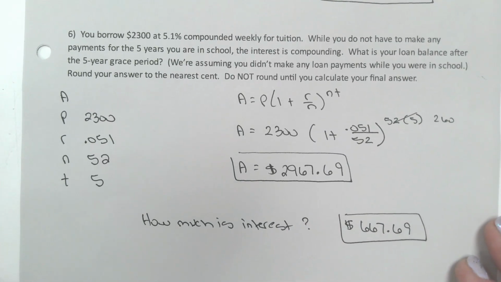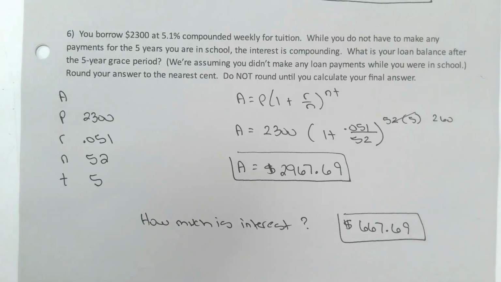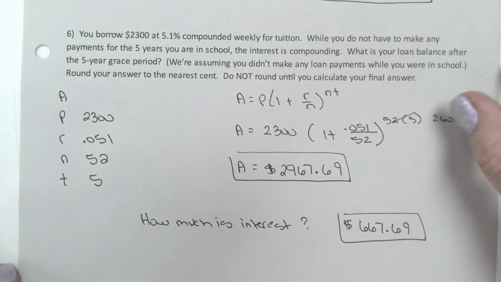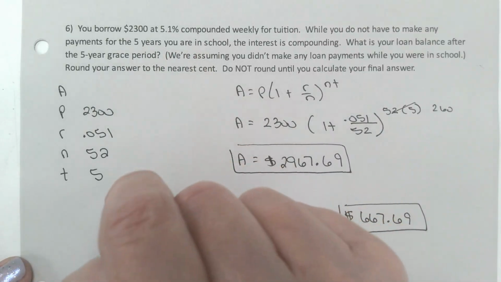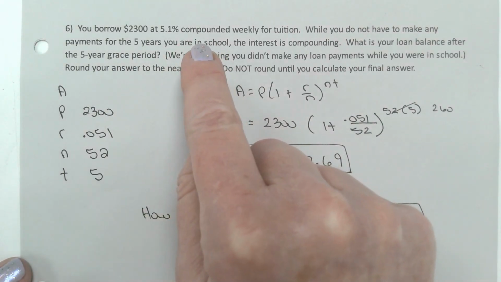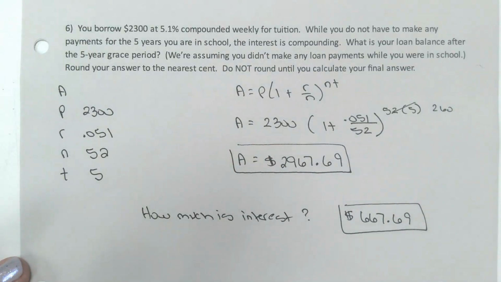And then on number 6, you borrowed $2,300 for tuition. So those of you that are planning on going to college, when you put your account on hold, so you borrow money from the government to go to school, and there are 2 kinds of loans. Some of them accrue interest while you're in school, and some of them do not accrue interest while you're in school.